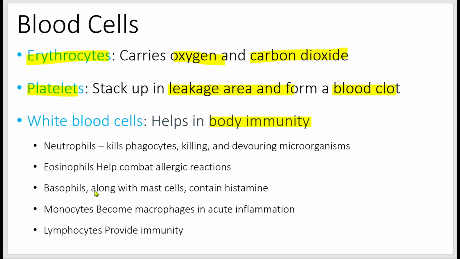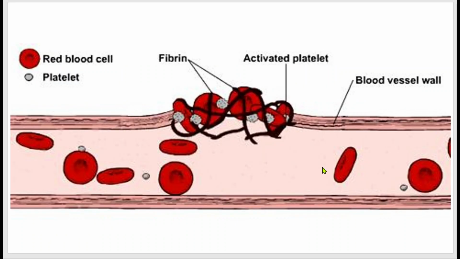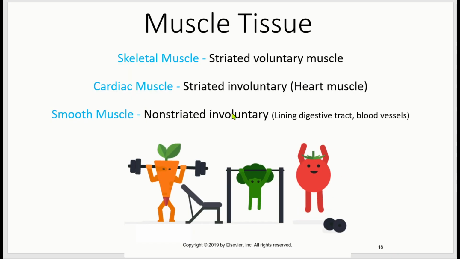There are different types, and again, you can read through each one of them, but all of them mainly work with immunity. Maybe basophilic cells. These are the ones that contain histamine. That's something to know. This is just an example of how the clot forms.